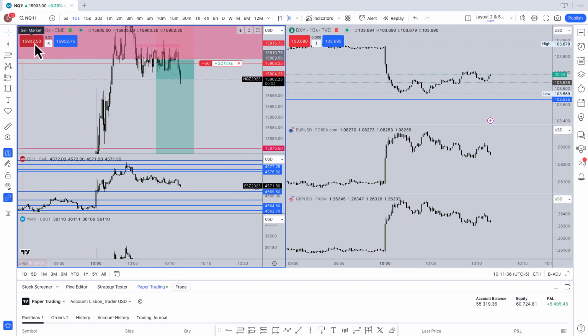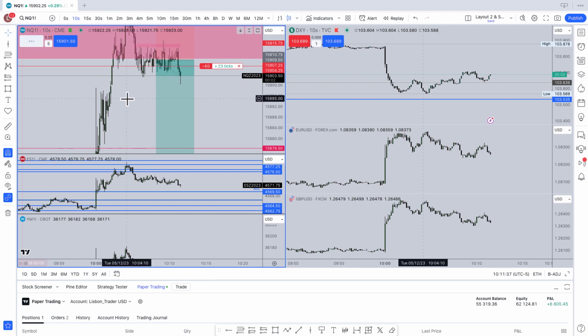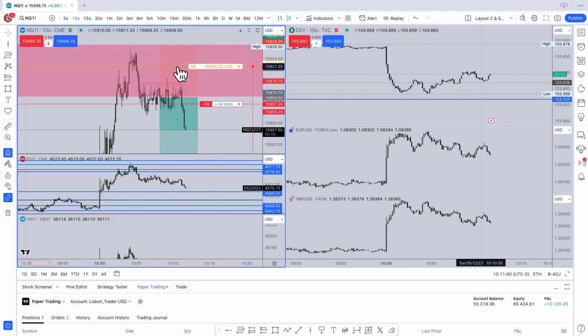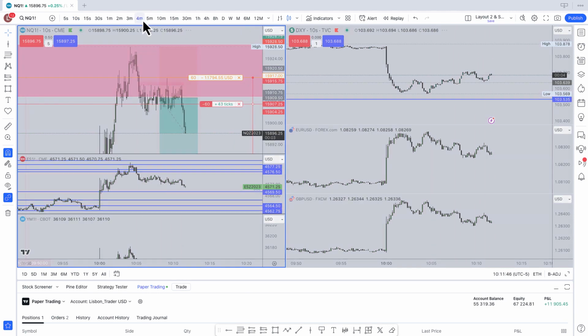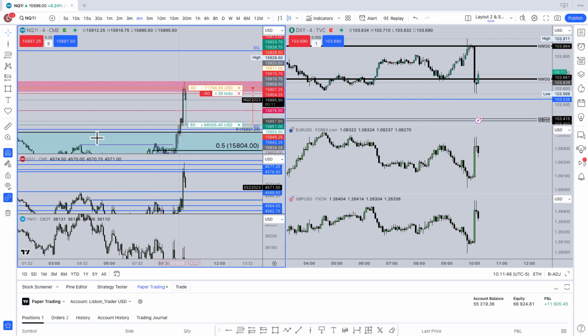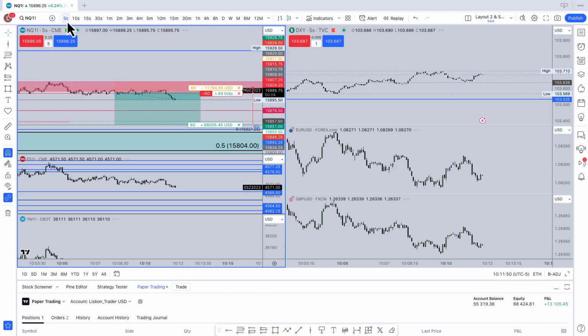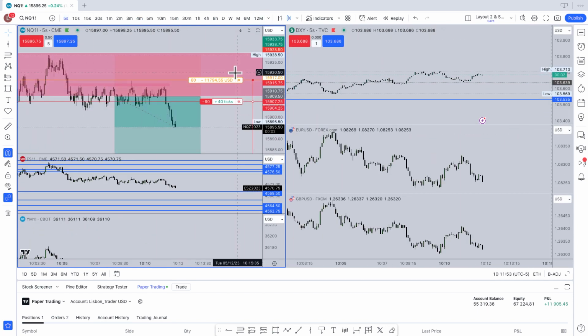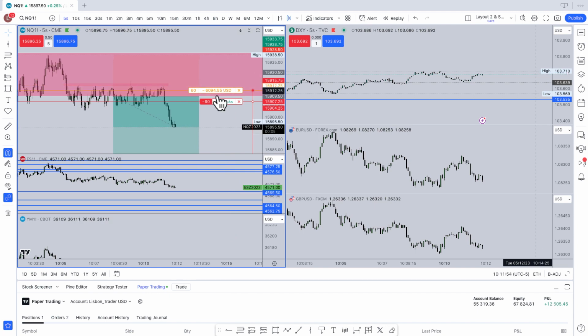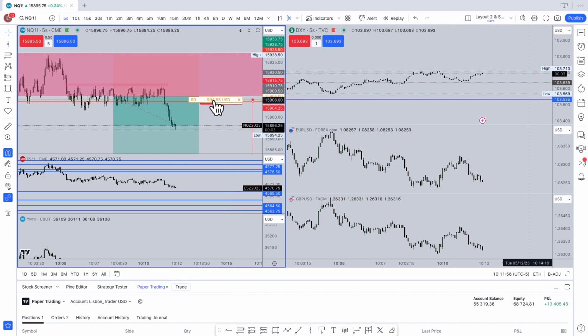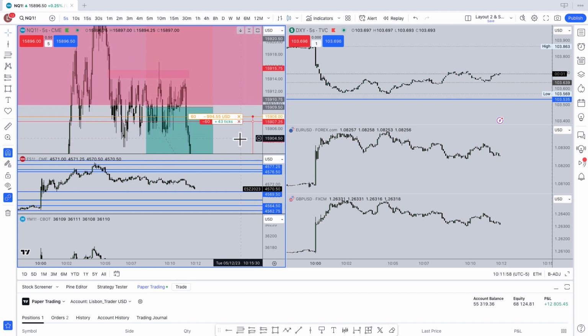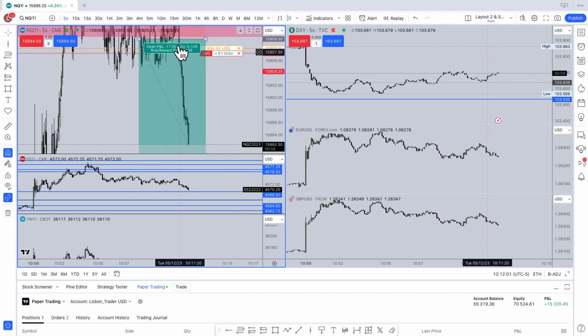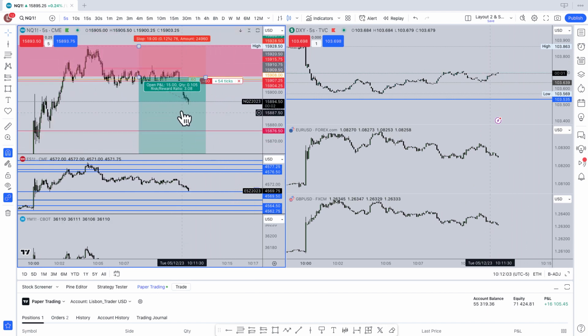So it's already breaking. So let's put a stop there. There. And let's do like this. That's the risk, it goes back to my stop.